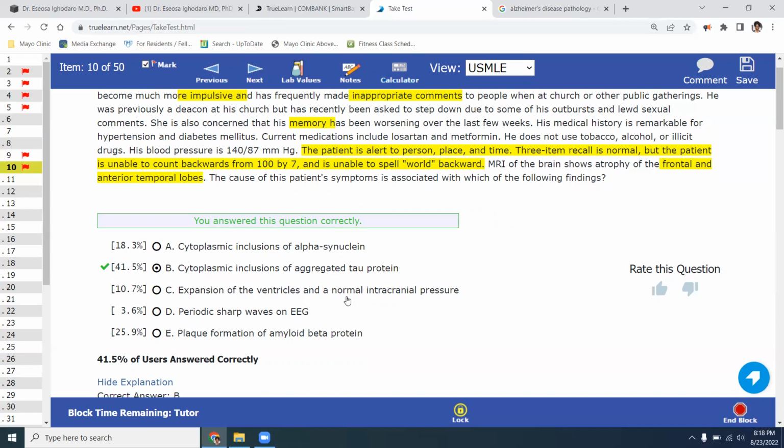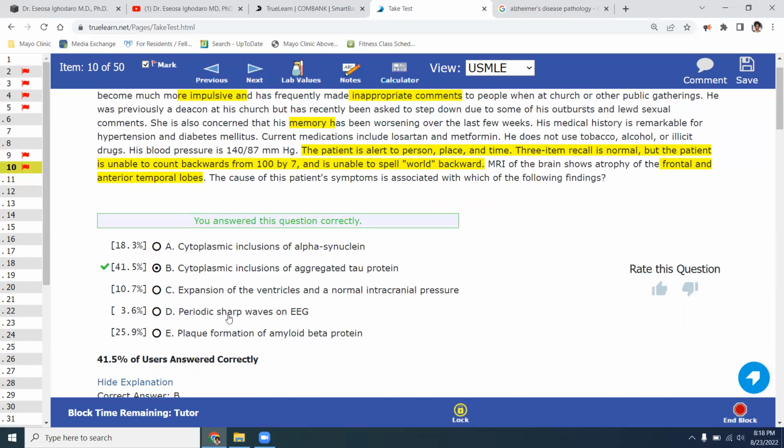Option C, expansion of ventricles and a normal intracranial pressure. This here is getting at NPH, normal pressure hydrocephalus. This is less likely because with normal pressure hydrocephalus, you have wet, wacky, wobbly: increased urinary frequency and incontinence, altered mental status, encephalopathy, and difficulties walking. And he really doesn't have those features, so it makes option C unlikely. Then we get to option D that talks about periodic sharp waves on EEG. And this here is getting at prion disease.